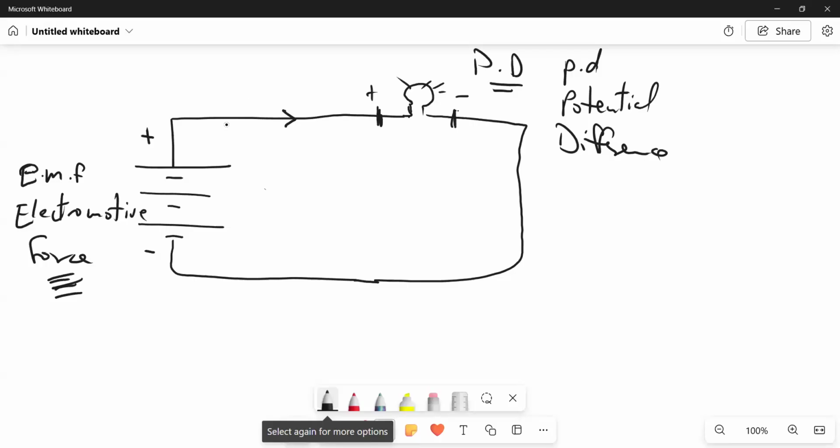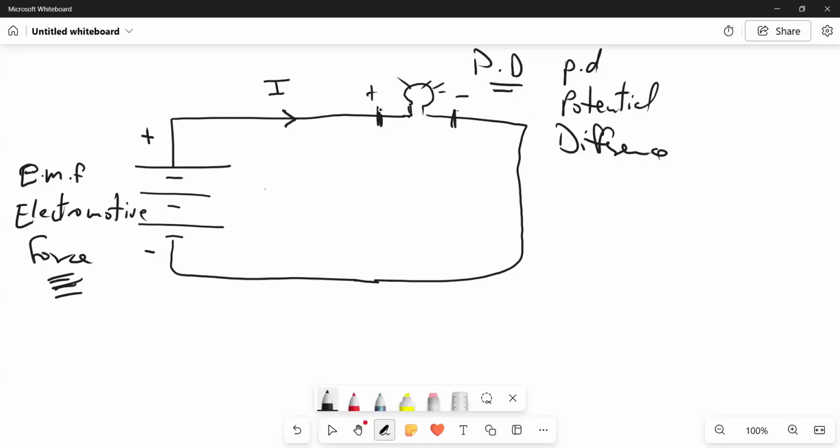But remember, we're going with current flowing from the positive side of a power source to the negative side.